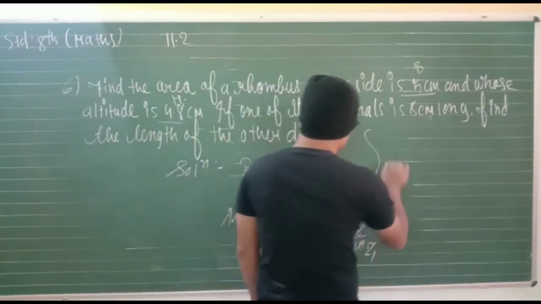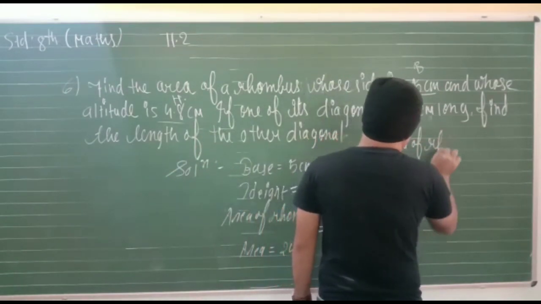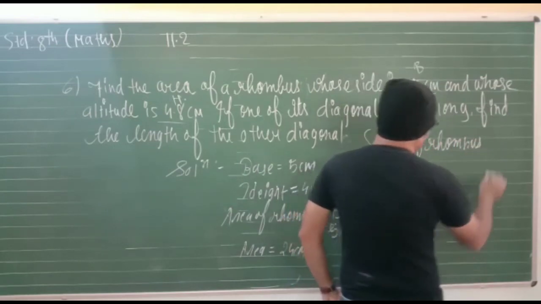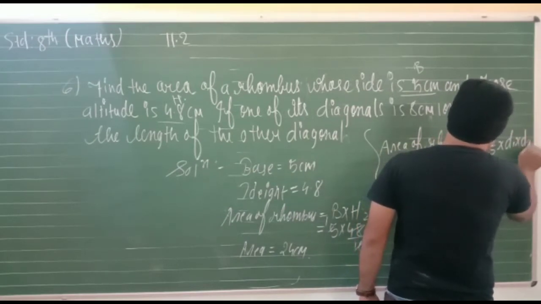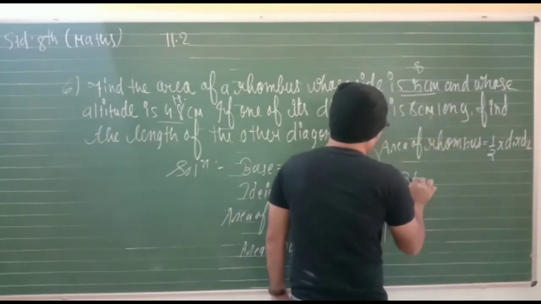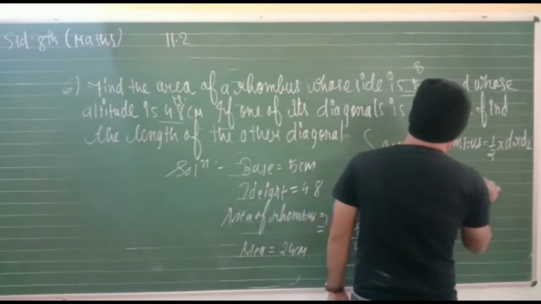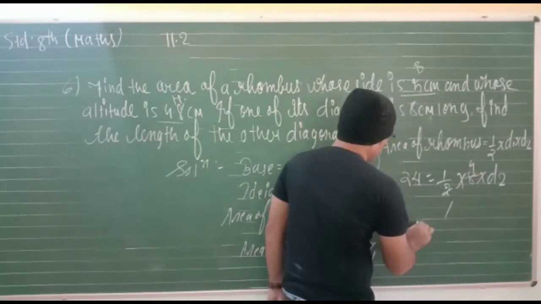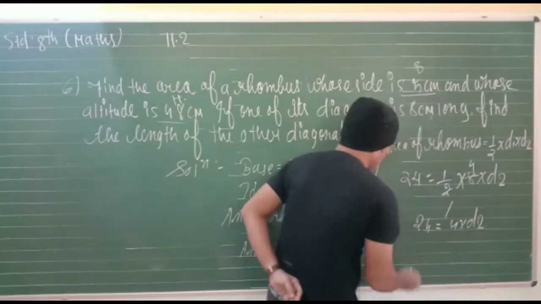Now, area of rhombus, taking this area only, you can find the length of other diagonal. Area is equal to half into D1 into D2. So 24 is equal to half into 8 into d2. 2 ones are 2, 4s are 4. So 24 is equal to 4 into d2.